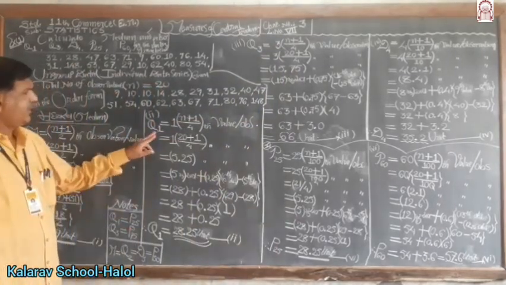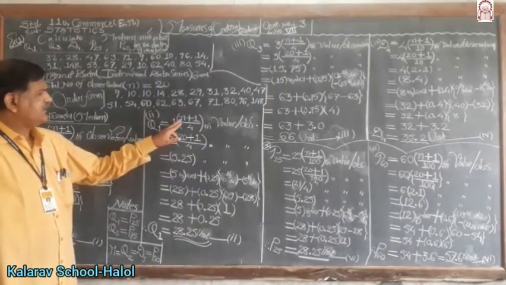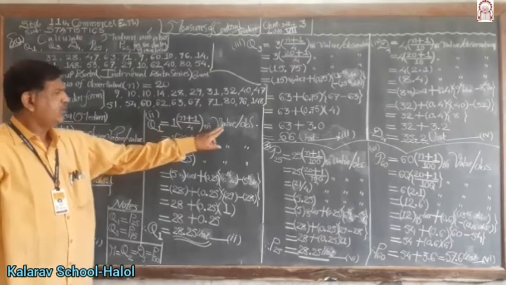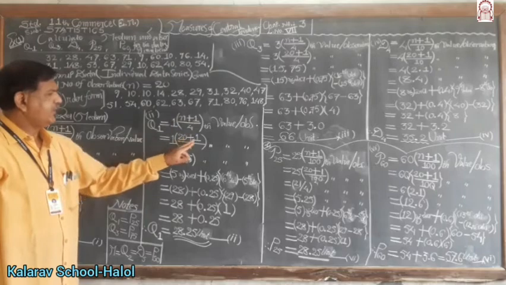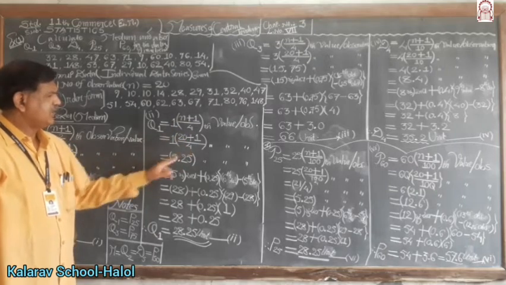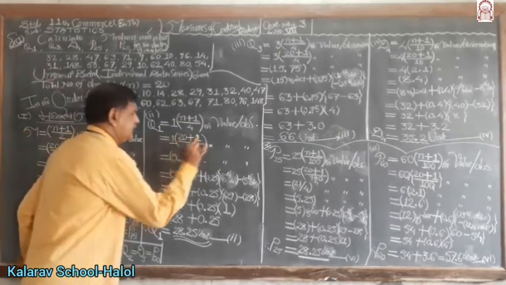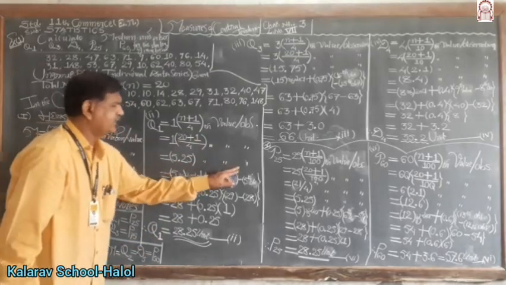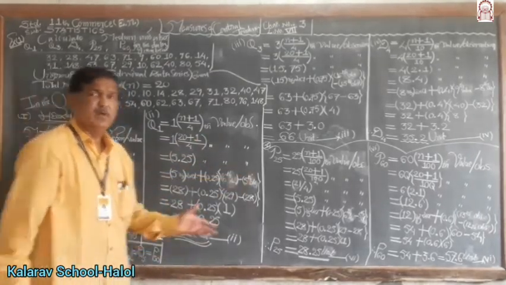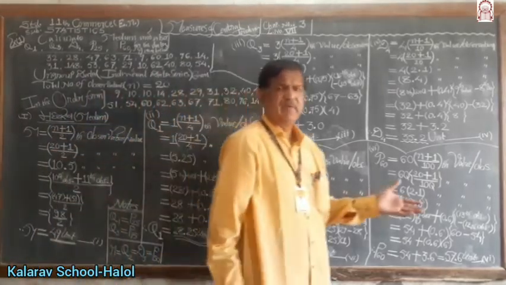Now for Q1, 1 inside the bracket (n plus 1) upon 4, value or observation. N means 20, 20 plus 1 upon 4, the whole simplification is 5.25, that is 5.25 value or observation or item. Now how to determine the 5.25 value?